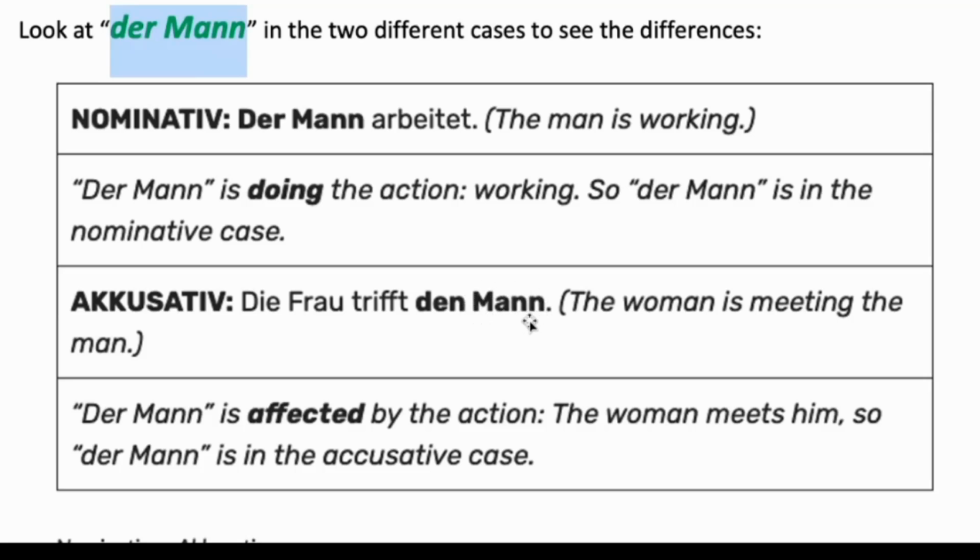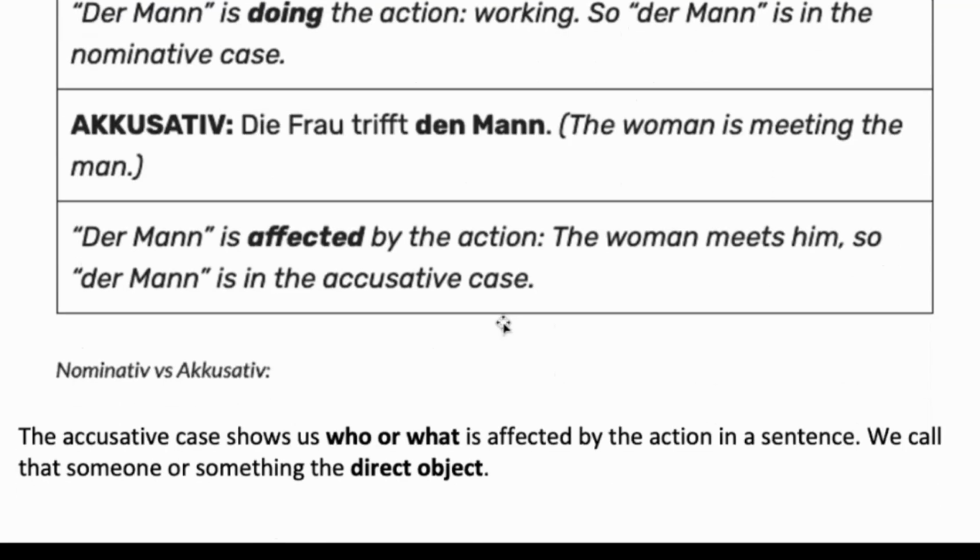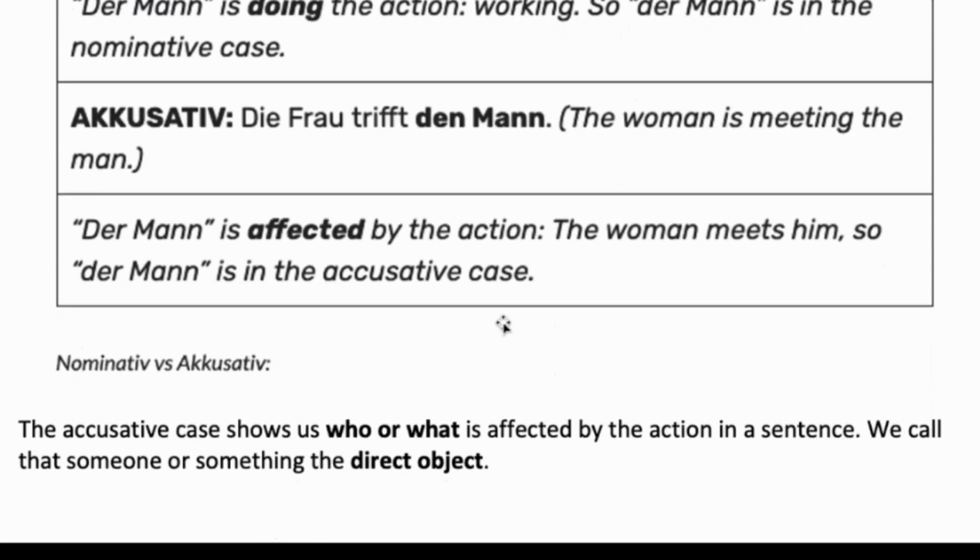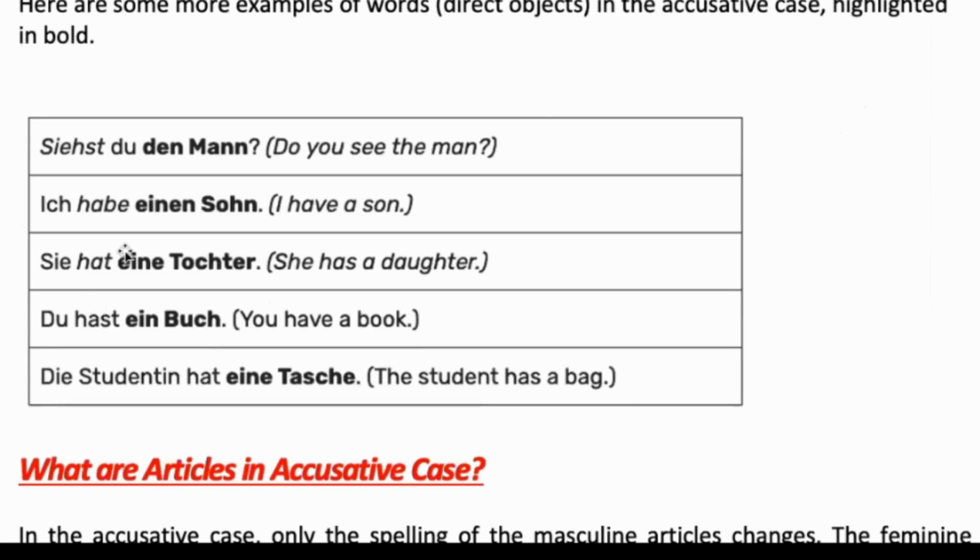If you find den with a masculine noun, that means this is an accusative sentence. Now this is an accusative sentence. Die Frau trifft den Mann. Means the woman is meeting the man. And for the other two genders, feminine and neuter, they have the same articles, so we don't need to change them.